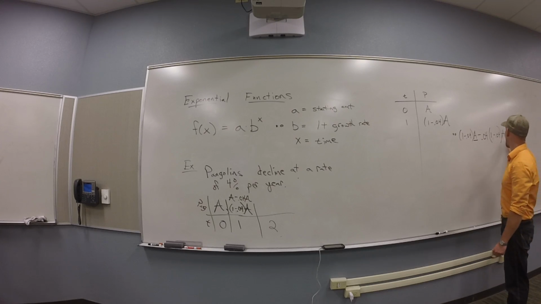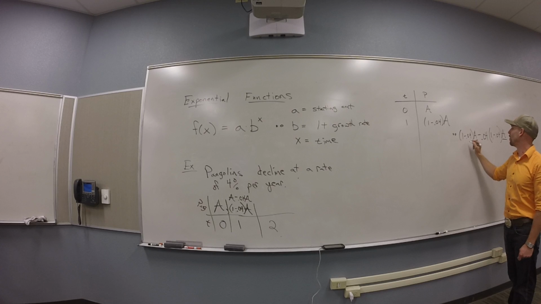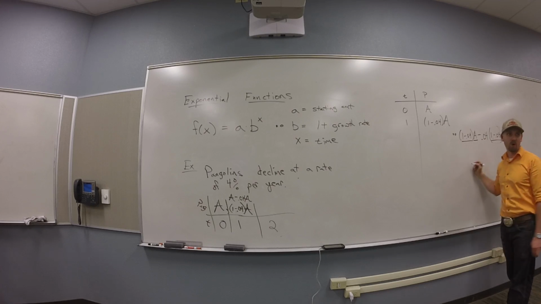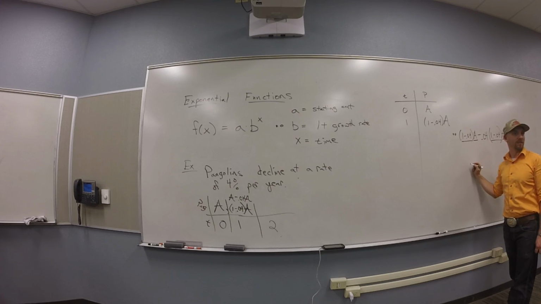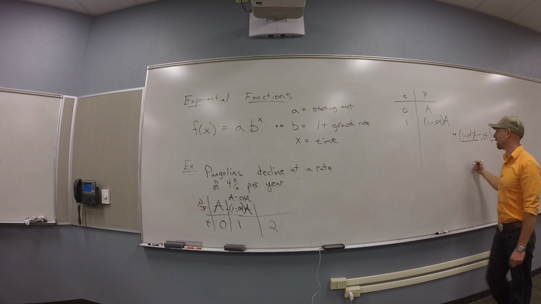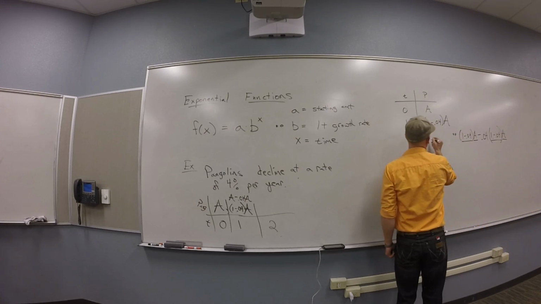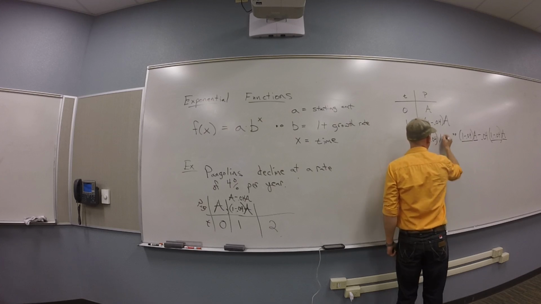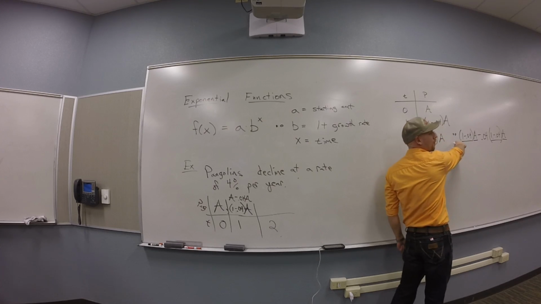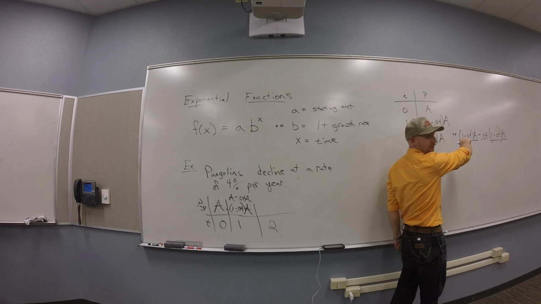Good, you can factor an A and a 1 minus 0.04. So what are you left with there? 1 minus 0.04 A, and then you'd have another 1 minus 0.04.